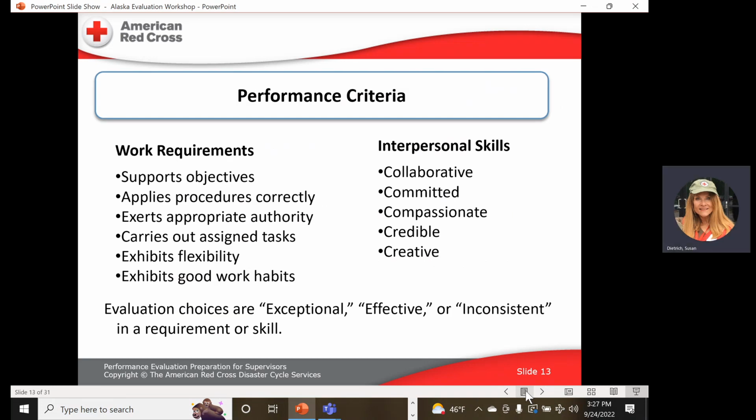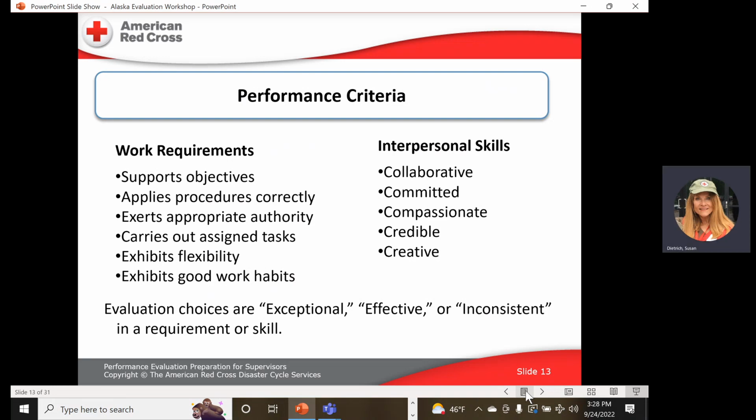Now, there's performance criteria. You will recognize this from the DRO forms. So things that they are looking for under work requirements, that someone supports the objectives of the mission, applies procedures correctly, exerts appropriate authority, carries out whatever tasks have been assigned to them, and exhibits flexibility in all areas, and just exhibits general good work habits.